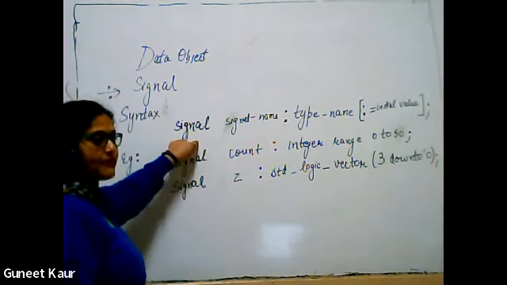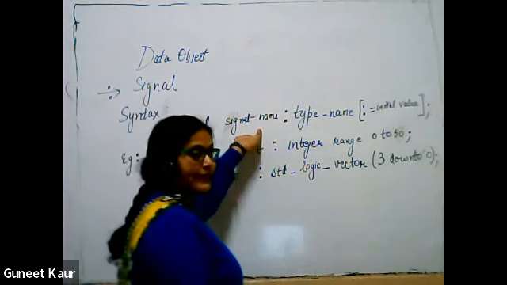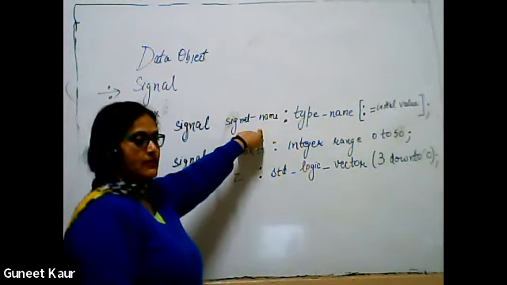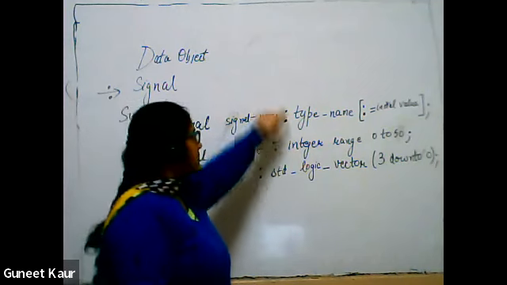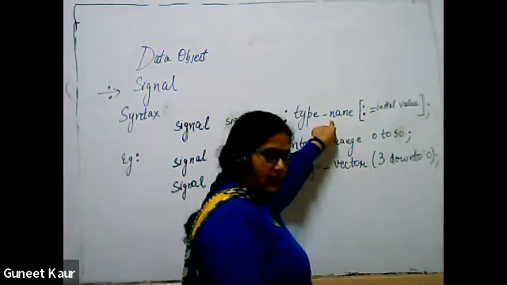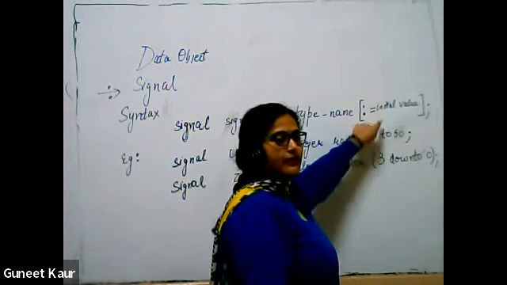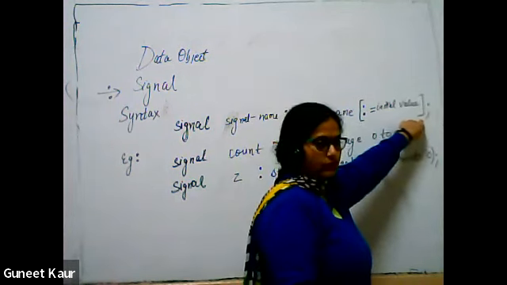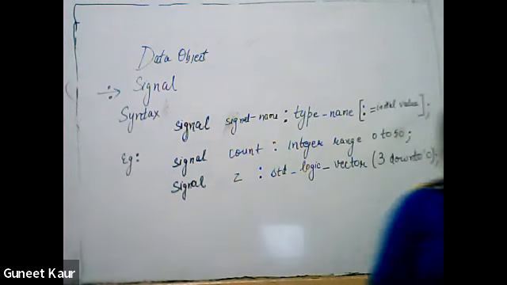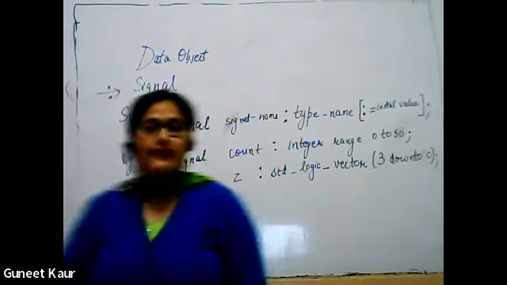That's why it should be bolded. Next I write the signal name, then colon, type name meaning the type of the signal, then square bracket start, colon equal to, initial value. I have to pass the initial value, square bracket close, semicolon.